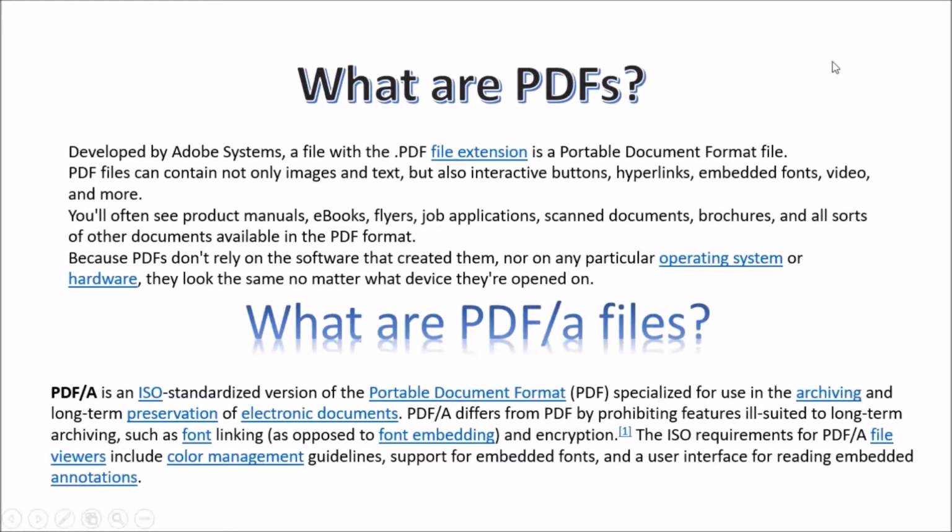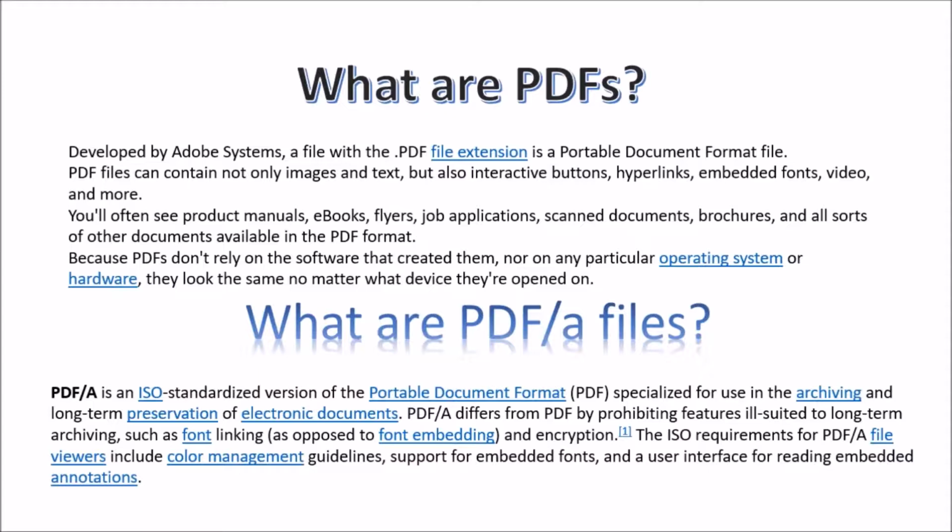So, developed by Adobe Systems a long time ago, there's a file format called PDF, portable document format file. These files, as probably most of you are aware, can contain not only images and text, but also they can be interactive, they can have hyperlinks, they can have embedded fonts and video and a lot more.